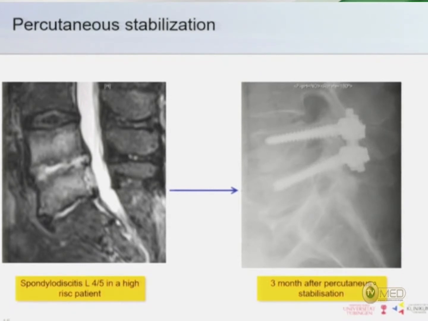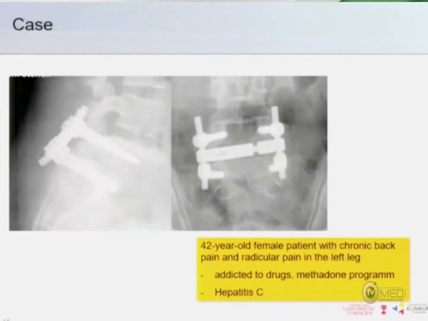But in these cases, you should be very careful, because of another case I want to show you, which was operated in another hospital. You have a 42-year-old female patient with chronic back pain.